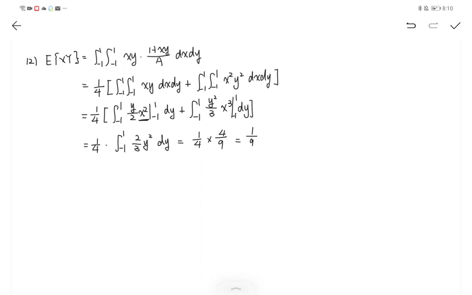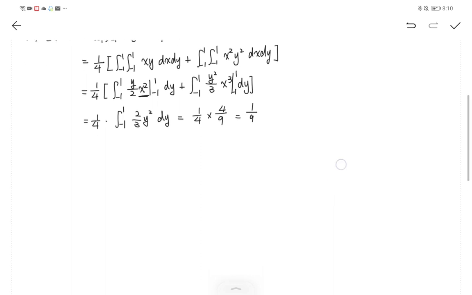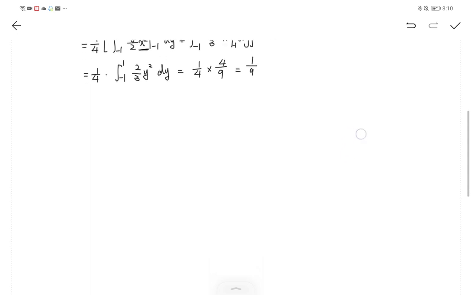So now we have the expectation of X times Y, which is 1/9. Now we should calculate the expectation of X. It equals, still from -1 to 1, x times the joint density function dx dy.